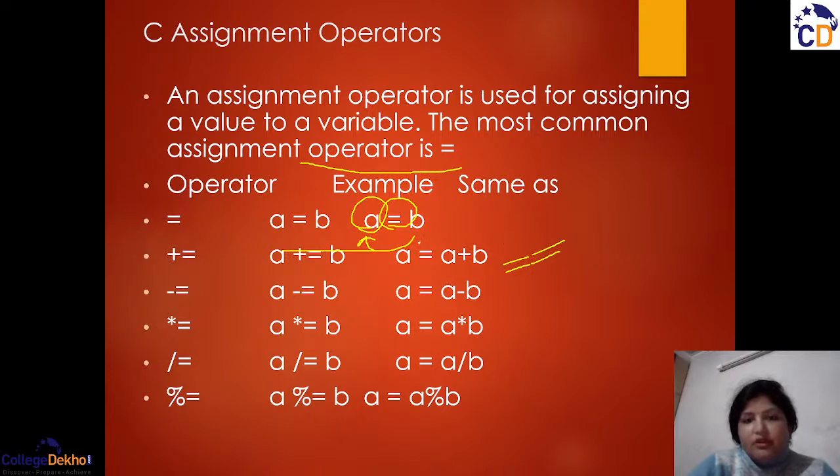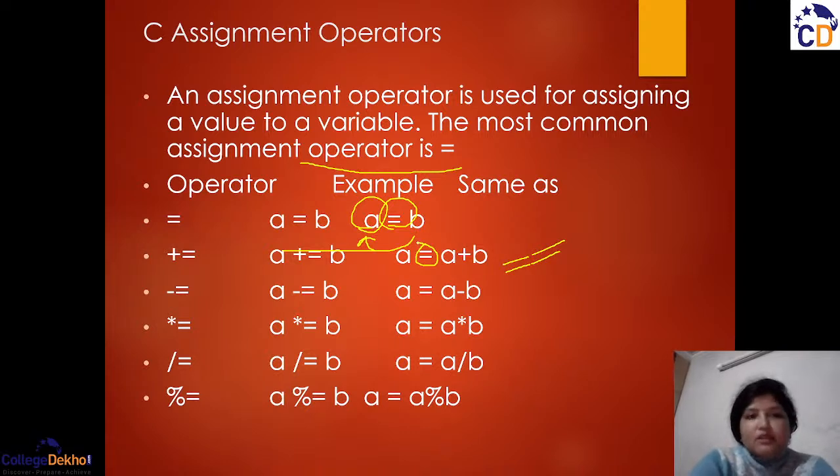And a single equal to means it is the assignment operator. So we should understand that whenever we use an equal to sign, it is treated as an assignment operator, and when we have a double equal to sign, it is treated as an equality operator, right?